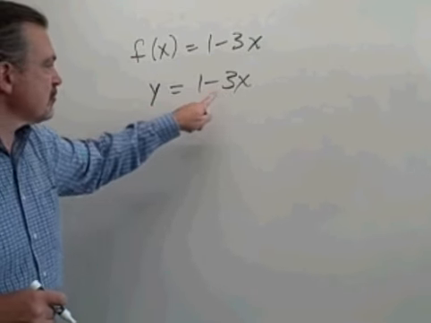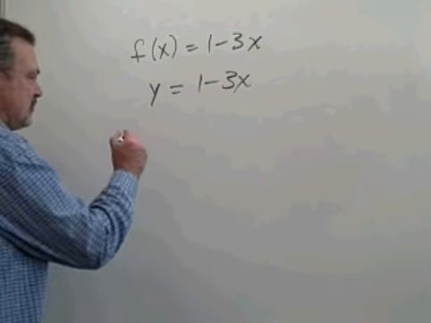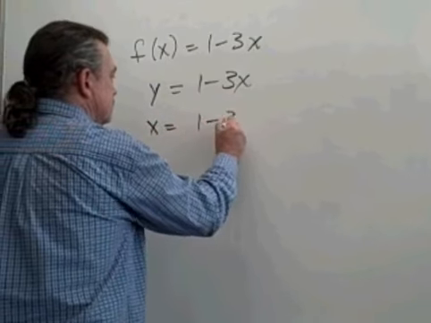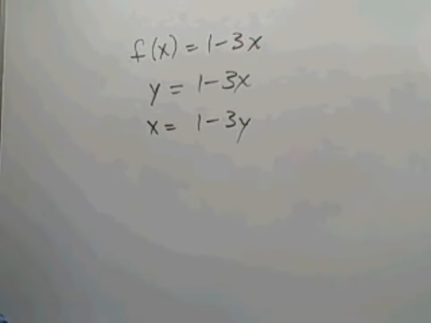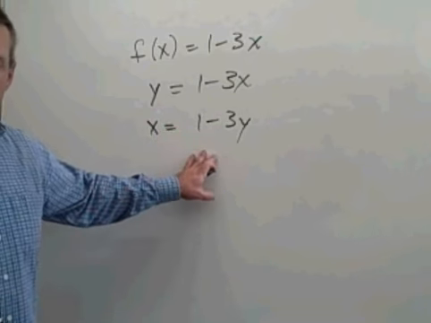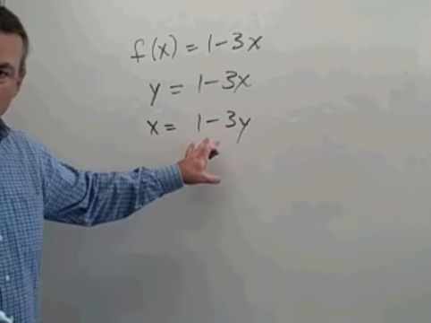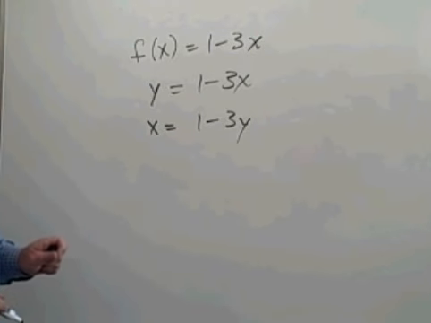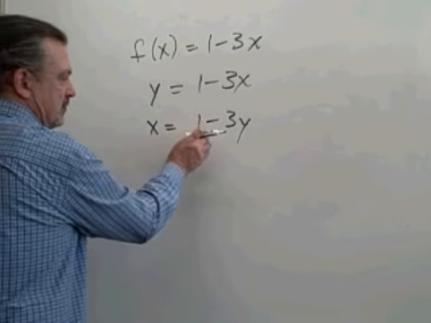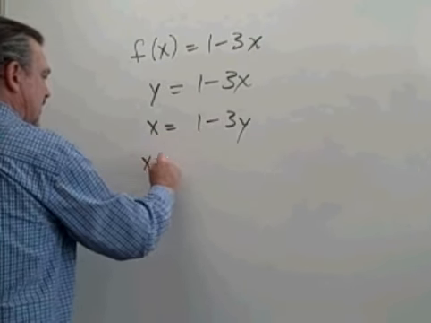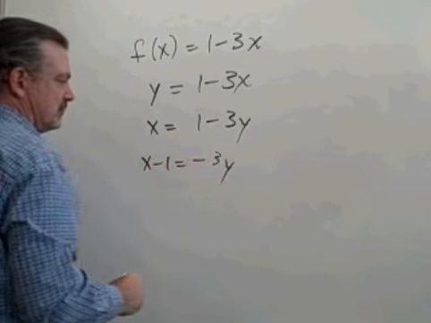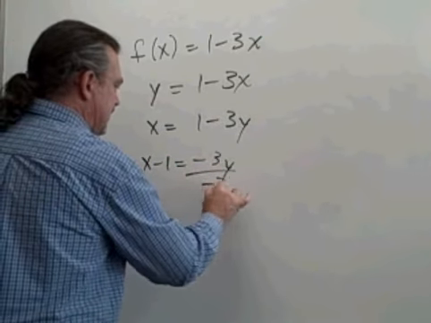Second step is to interchange the x and y variables. After you've interchanged the x and y variables, then solve that equation for y. So I would subtract 1 from both sides and divide by -3.